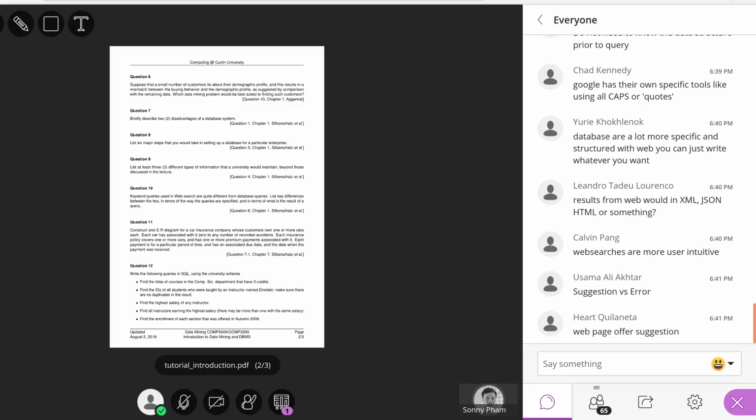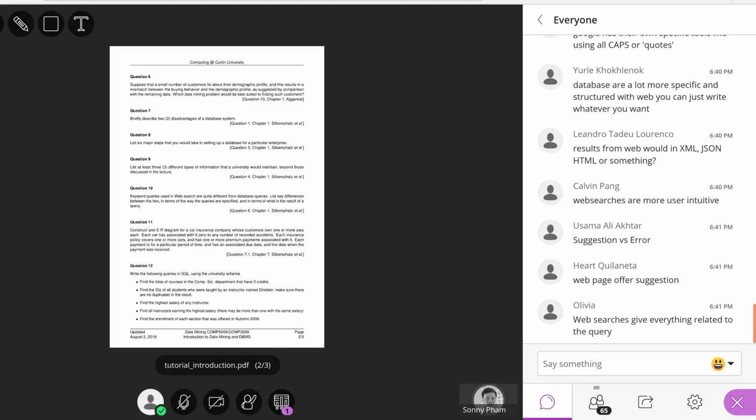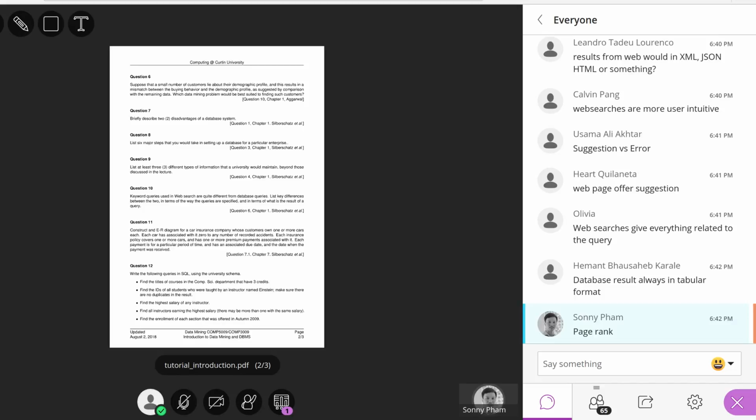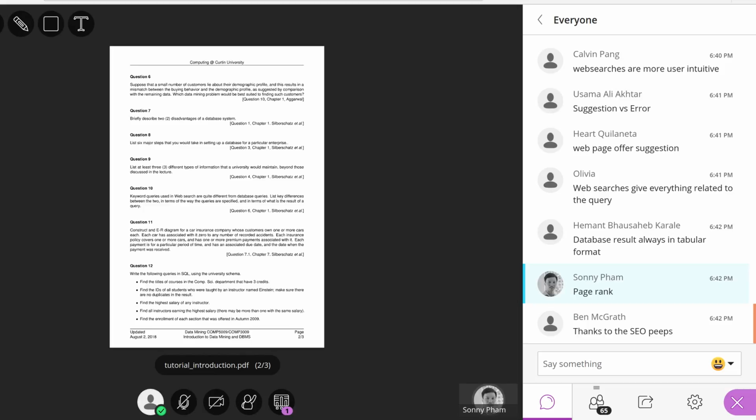Yeah, thank you, Hart, for your input. Yeah, suggestion versus error. So with a web page, if we type in information, behind the scene, I'm not sure if you have heard of something called PageRank. Google is based on PageRank, which is basically a score of the relevance of an entry in the database with respect to the query.